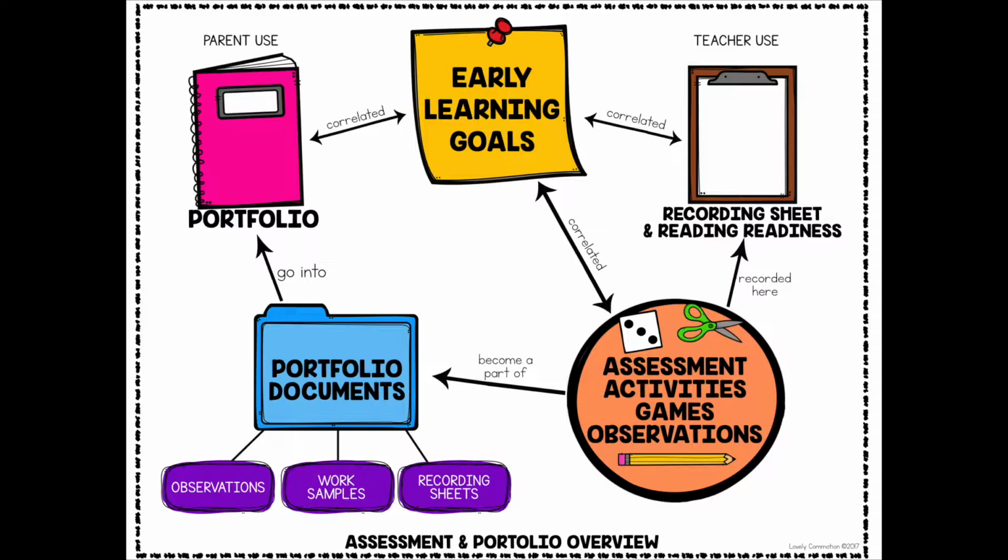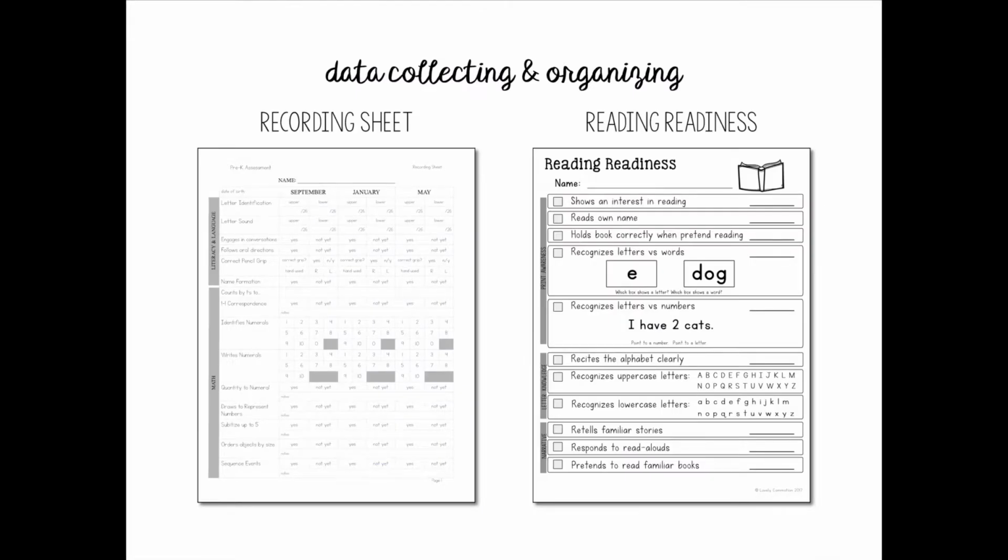Now I'd like to take a look at the recording sheet and the reading readiness sheet. These are for teacher use. They're going to help you collect data, show what students know, organize that data. Let's first take a look at the recording sheet, the one on the left. I like to assess three times a year. We go to school from September to May, and so it made sense for me to do that assessment September, January, May.